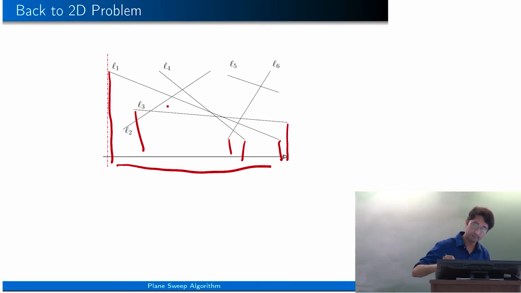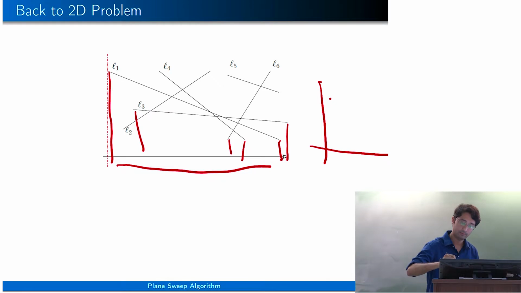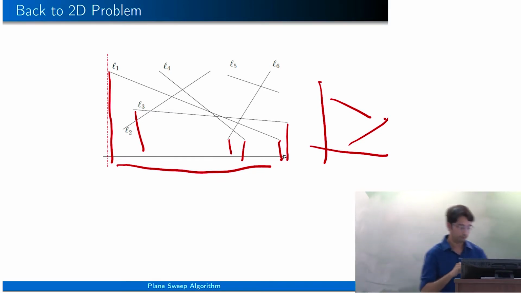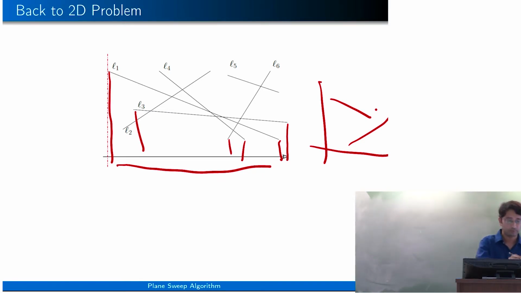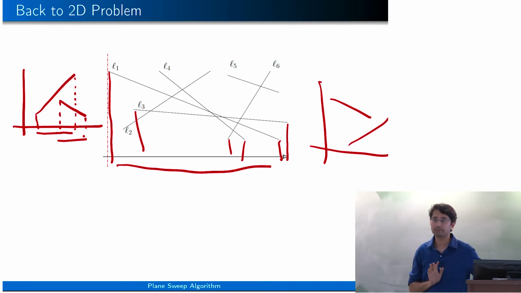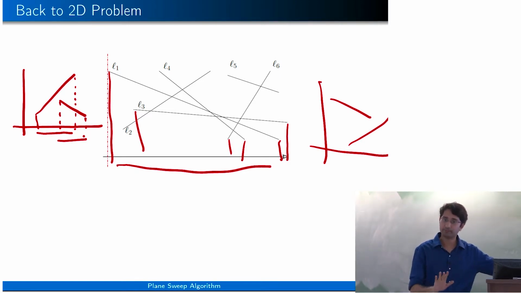Just give an example where they are not intersecting. Here, this is the example. Can you see this? Good idea.